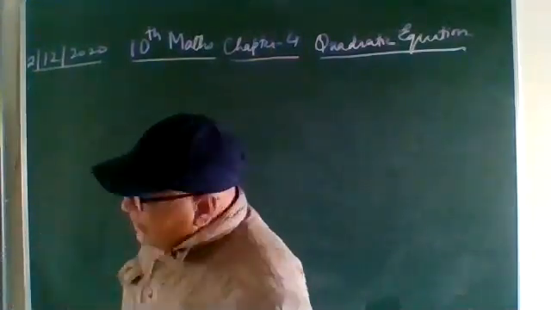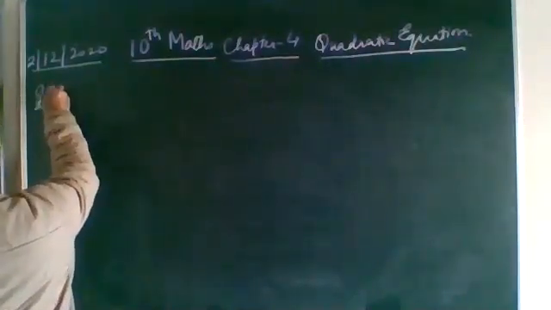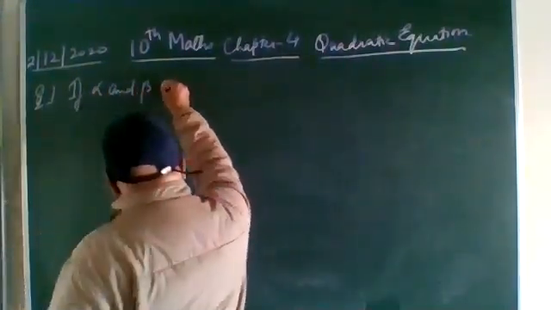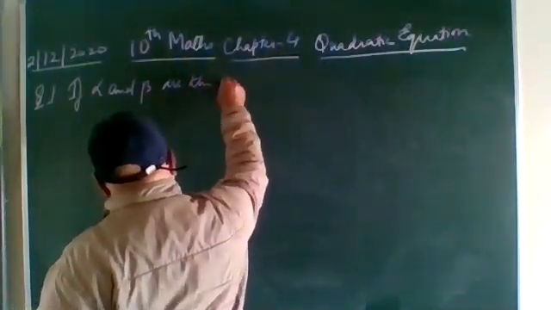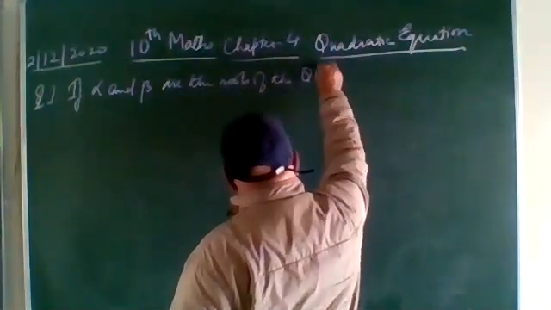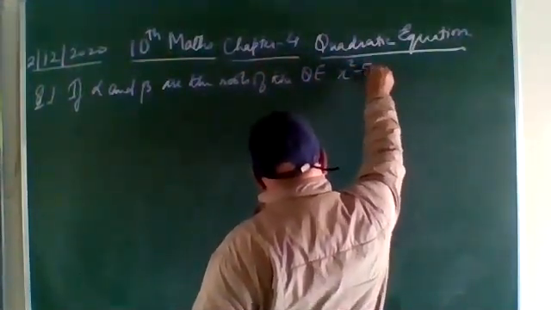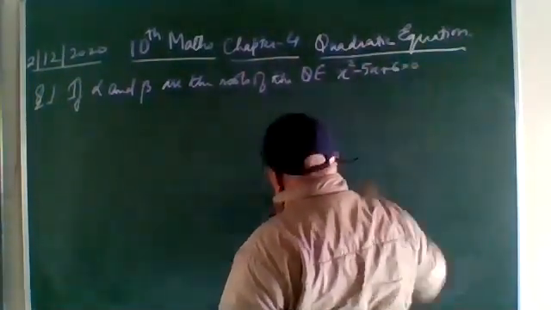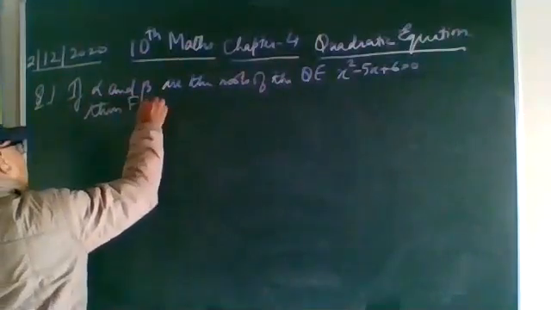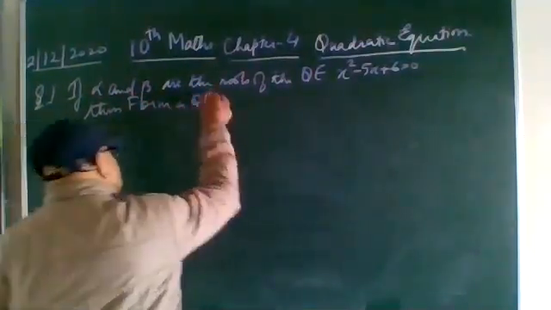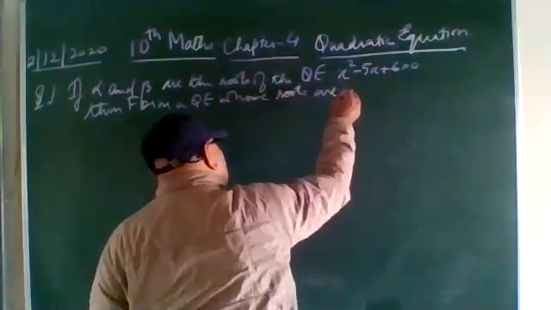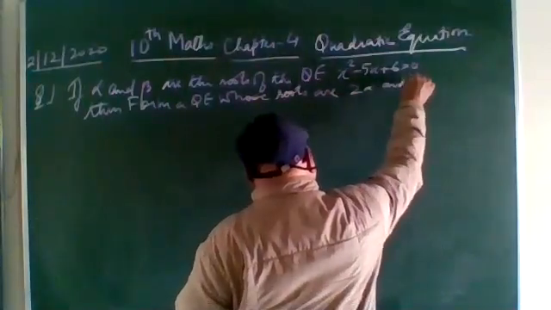So first, the question is: if alpha and beta are the roots of the quadratic equation x square minus 5x plus 6 equal to 0, then form a quadratic equation whose roots are 2 alpha and 2 beta.